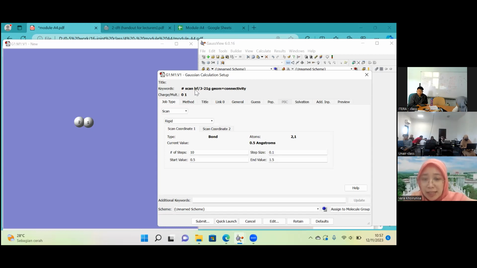The keyword is scan, the rigid scan. Actually, we can choose 3 kinds of scan, but now we only use the rigid scan. So this is rigid, and relax using Z matrix, or relax using redundant coordinate. But today we will choose the rigid.